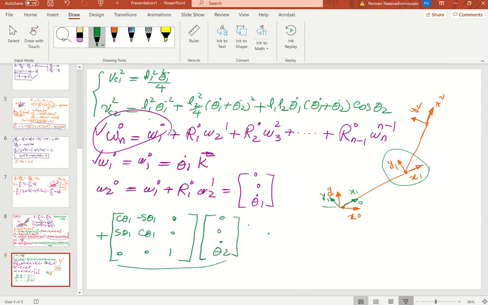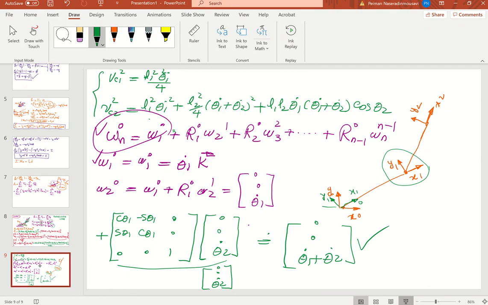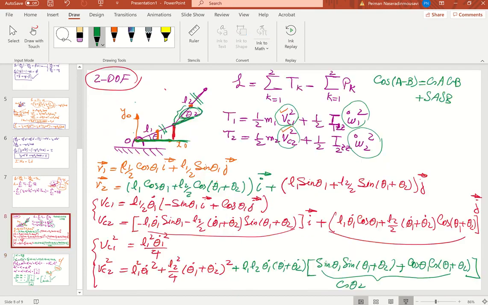So no doubt this results in 0, 0, theta dot 2. Do it at home; you will get the same result. So omega of link 2 with respect to the base coordinate system is theta dot 1 plus theta dot 2, as I taught you previously. Now we have it. Understand? So this term for this 2 degree of freedom system is going to be like this.